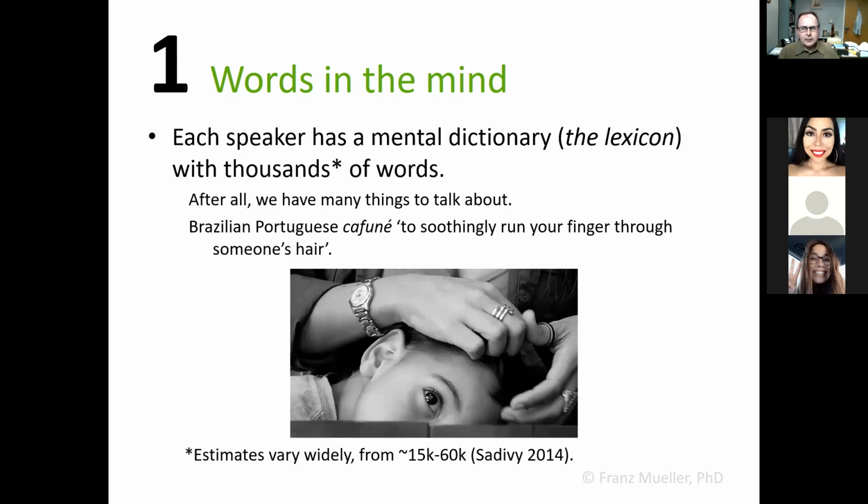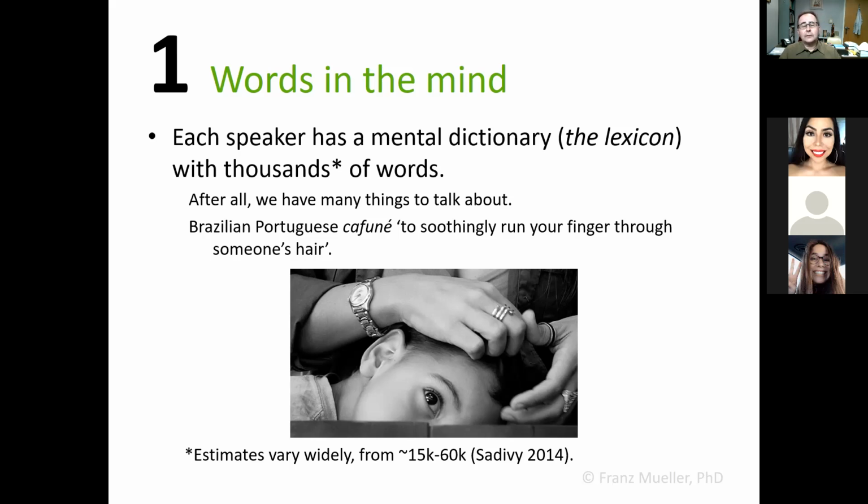Credible estimates that I've read range anywhere from, say, 15,000 to about 60,000 for an average American high school graduate. So imagine a young person, perhaps 18 years old, that just graduated high school.